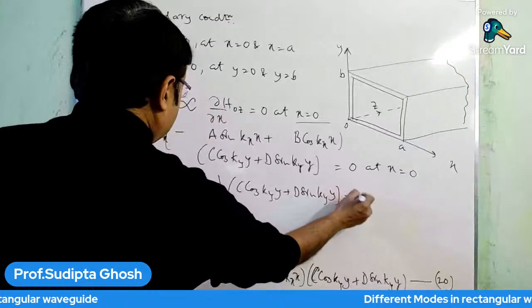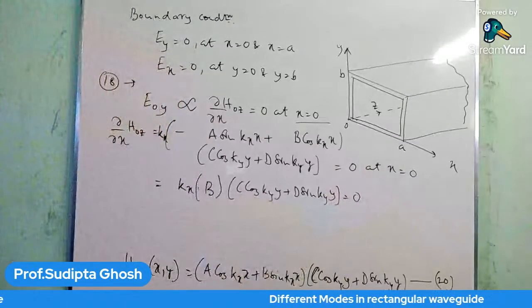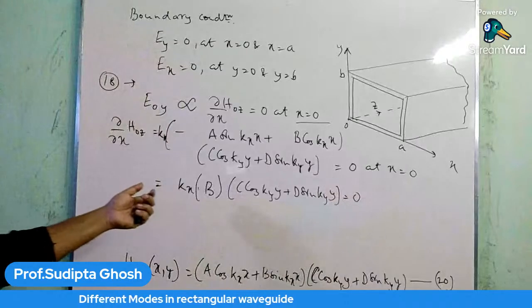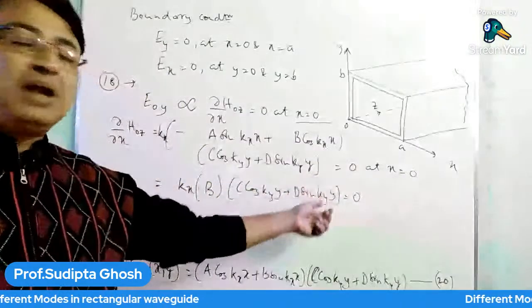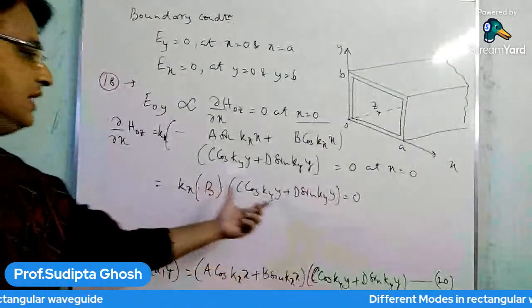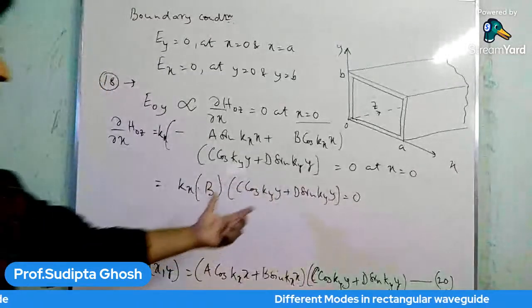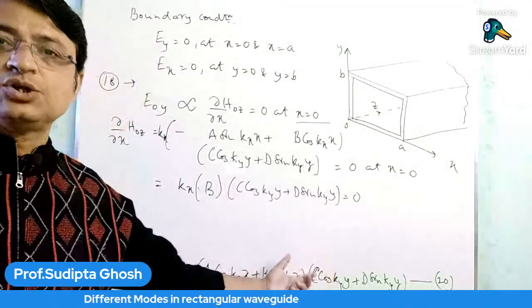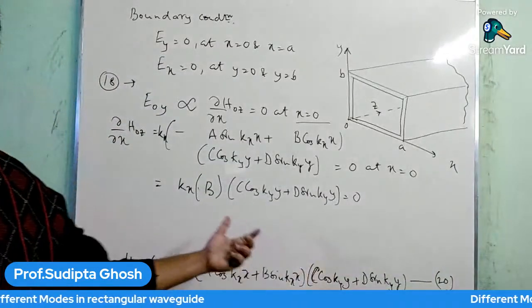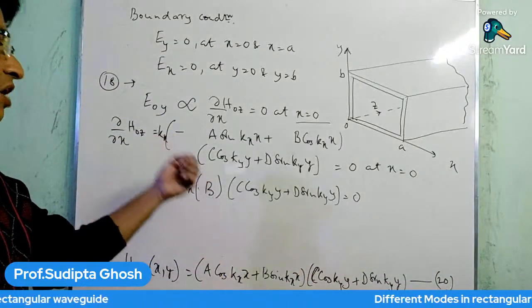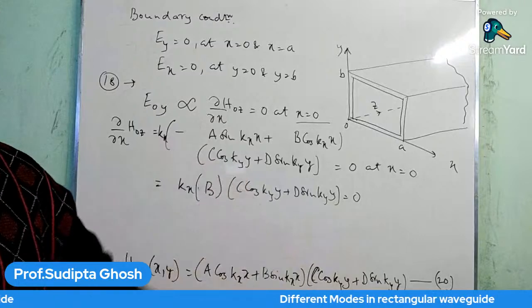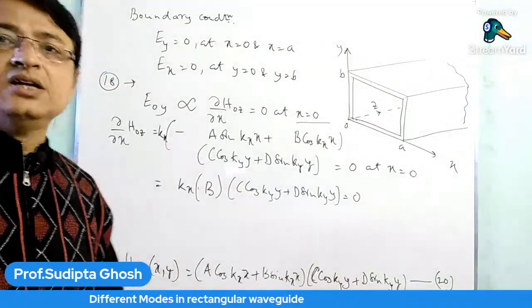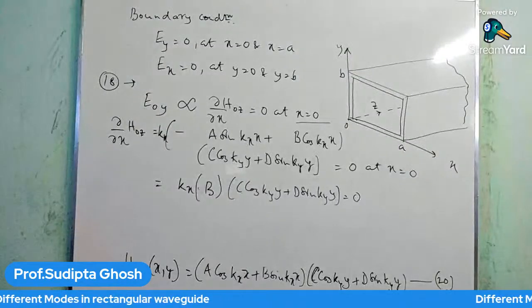Now you can tell that as kx cannot be equal to 0, if the term c cos kyy plus d sin kyy vanishes, then equation 20 also vanishes. So from this particular equation we can conclude that the value of b should be 0 from this condition.